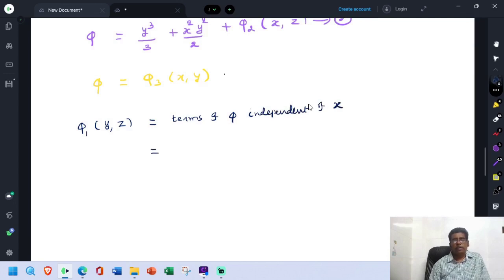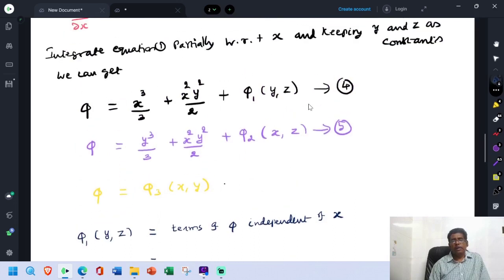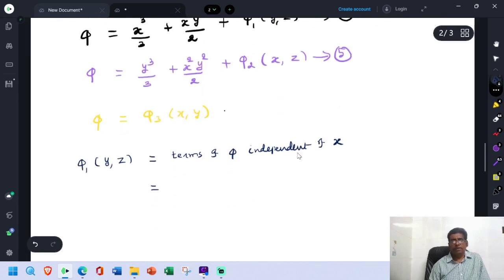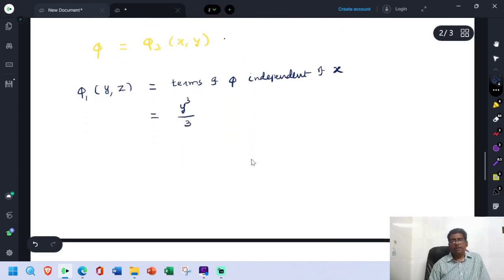This is a function of x, this term is also a function of x, but this term is free from x, which is equal to y cube by 3. This is the only term present in φ independent of x.